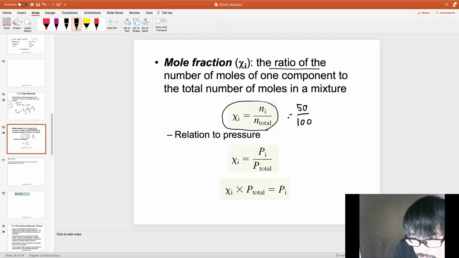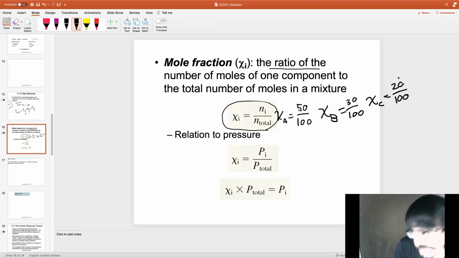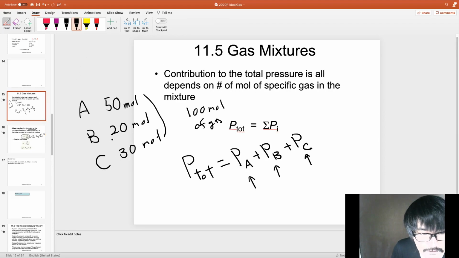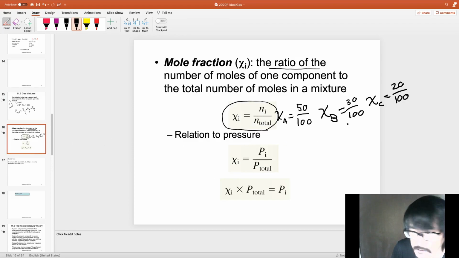That's the mole fraction of A. And then the mole fraction of B, which has 20 mole, is equal to 20 divided by 100, and the mole fraction of C is equal to 30 divided by 100. Oops, I made a mistake. It's 20 and 30.